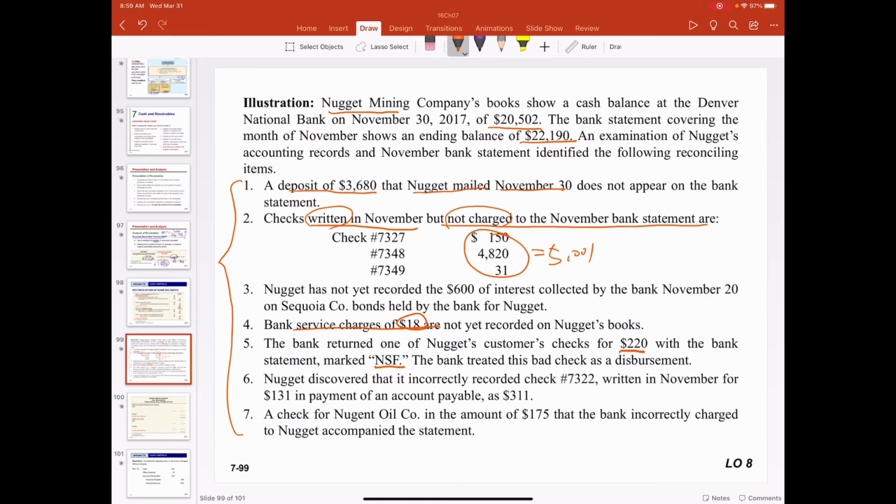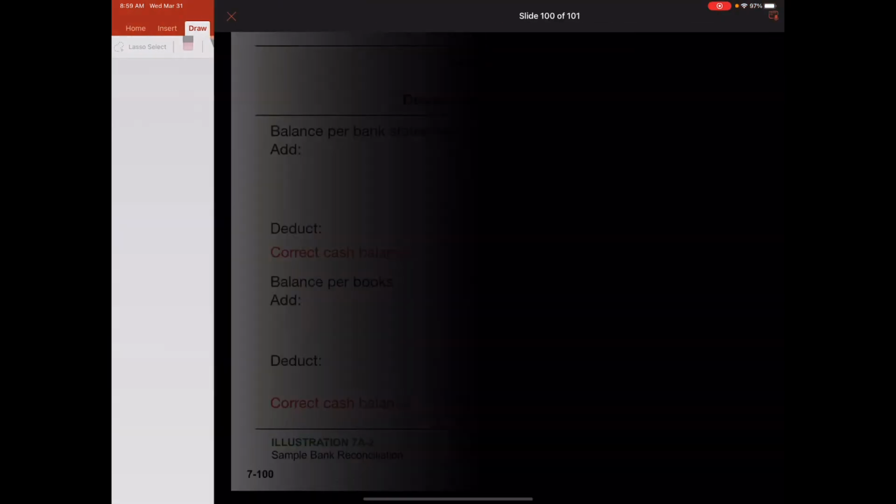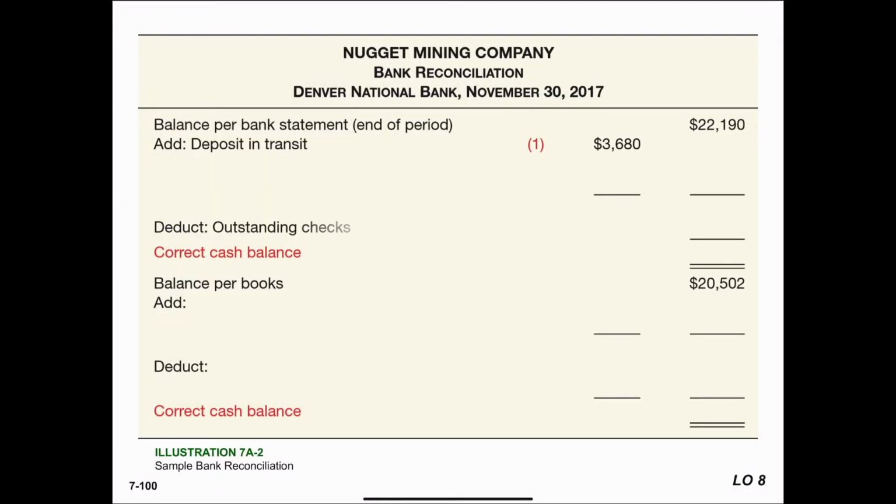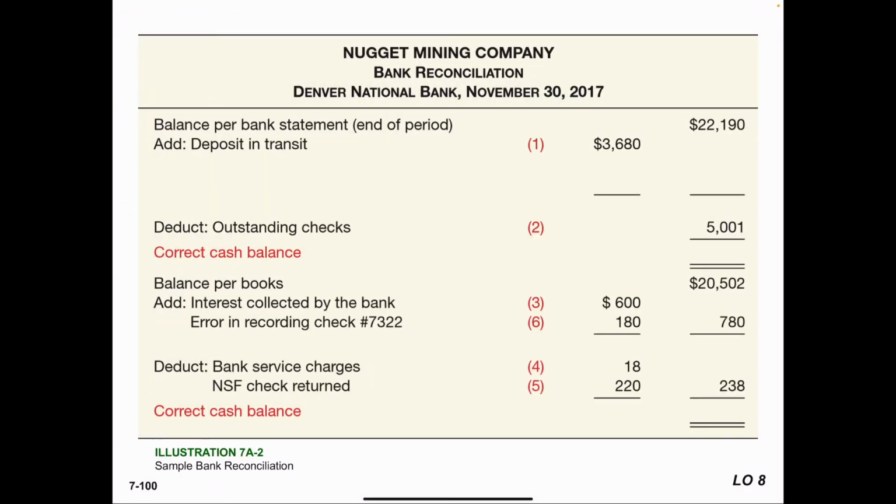So for the bank, there is nothing to be recorded. However, this $220 was recorded by Nargate Mining. It is an overstatement. Why? Because although it was a check by the customer, there's no money, right? So we should make an adjustment to the firm's book by subtracting $220 from the original cash balance.